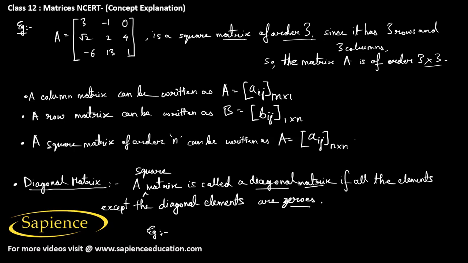For example, if we have the matrix A, which is like this: 5 0 0, 0 minus 1 0, 0 0 2. Here we can see that only the diagonal elements are not zeros and all the remaining ones are zeros.